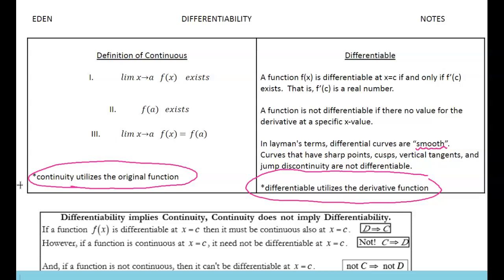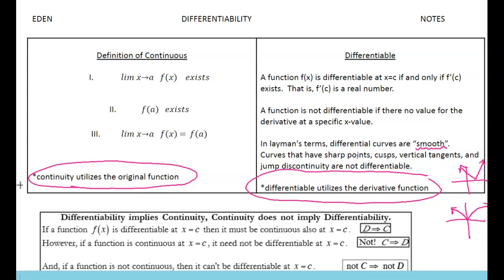Graphs that have sharp points, cusps, or vertical tangents are not differentiable. So if they give you a graph like the absolute value, or another graph like this where my sides are curved, that's what a cusp is. That's a sharp point, so those are not differentiable.